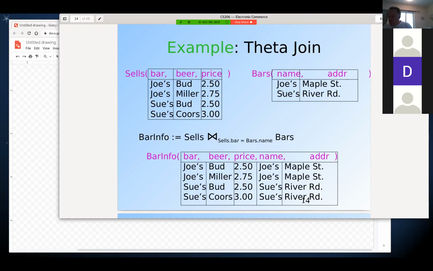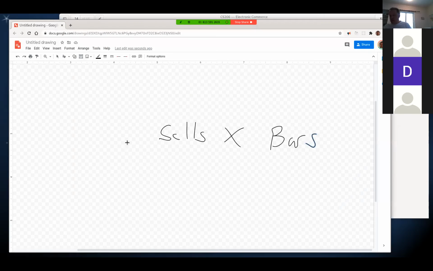So what we wind up doing here, back to here, is we say select, and then I say bar equals name. What that's going to do is go through all of those 8 tuples, and it's only going to retain those where the bar equals the name.